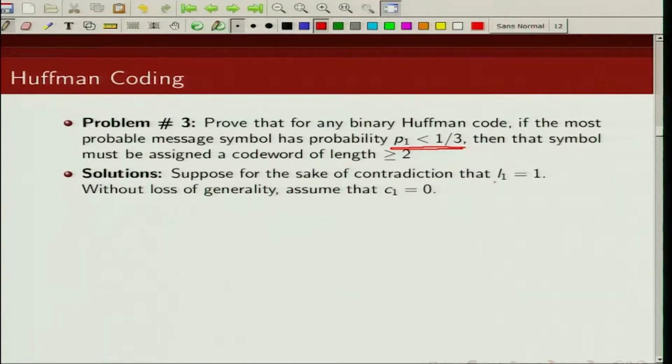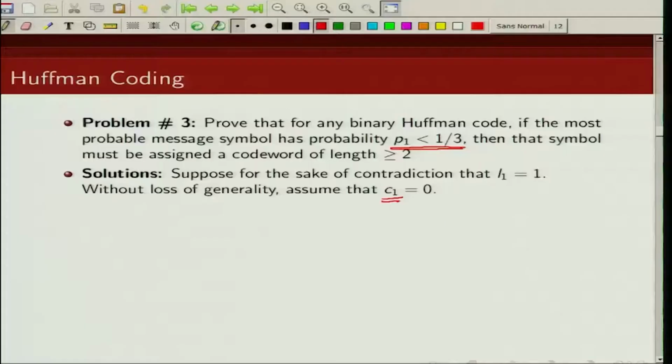So let us assume that C1 is our message symbol which has probability P1, which is less than 1/3, and without loss of generality we are assuming that this has a code word of length 1, and that code word is 0.